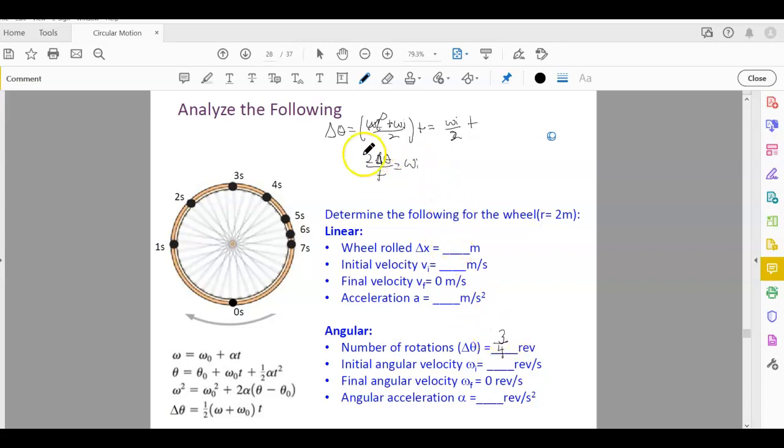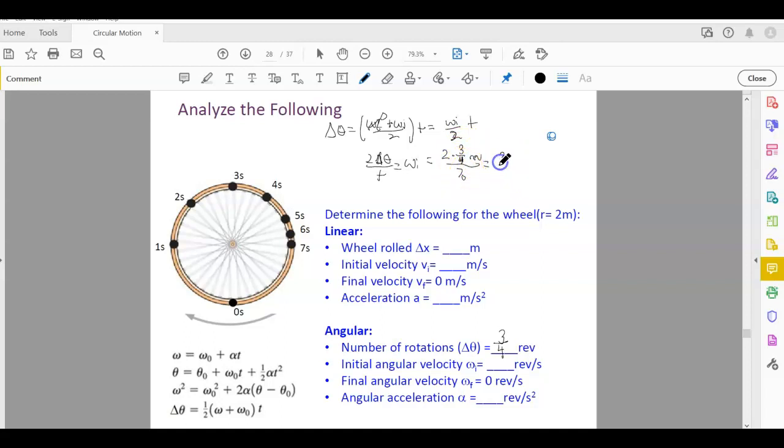So our initial omega here is going to be 2 times the number of revolutions over the period of time. Well, the number of revolutions is going to be 3/4. So this is 2 times 3/4 of a revolution divided by 7 seconds. 2 times 3 divided by 4 is going to be 3/2.